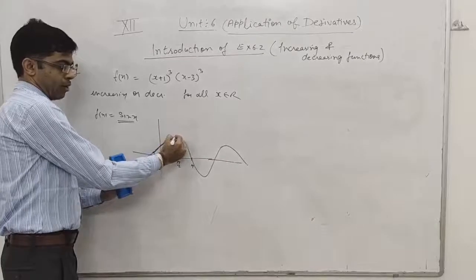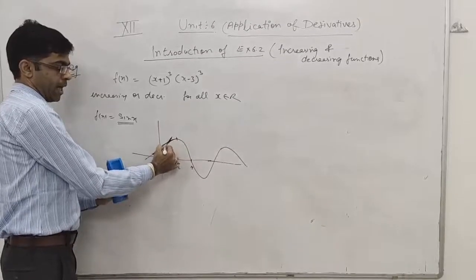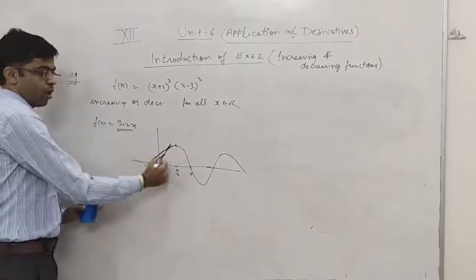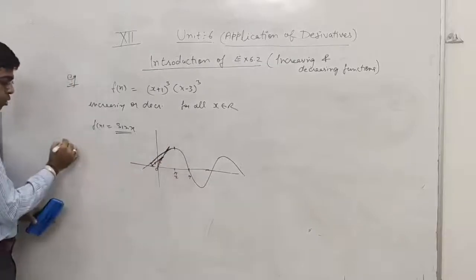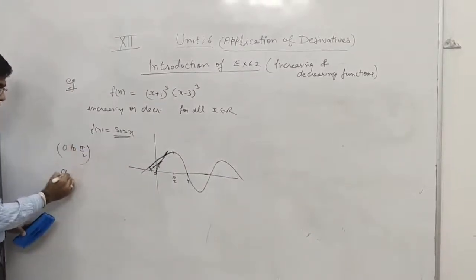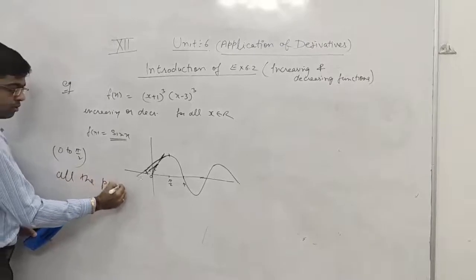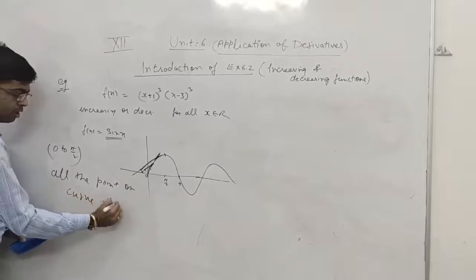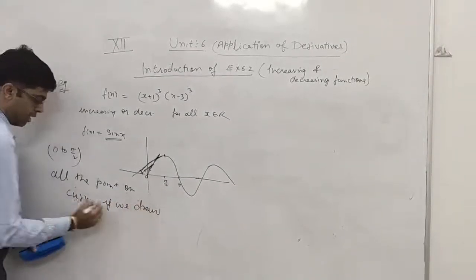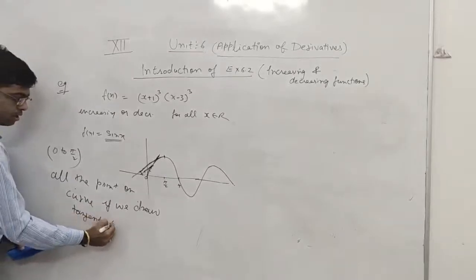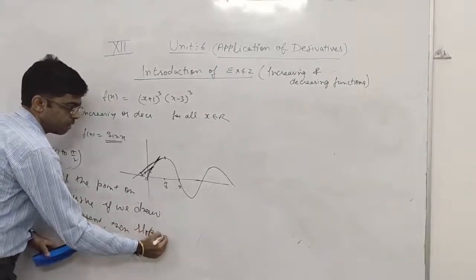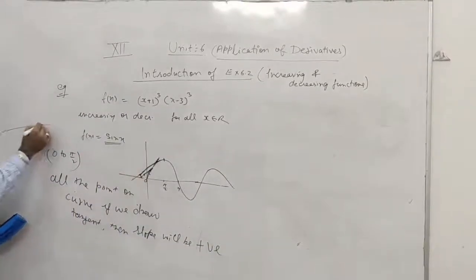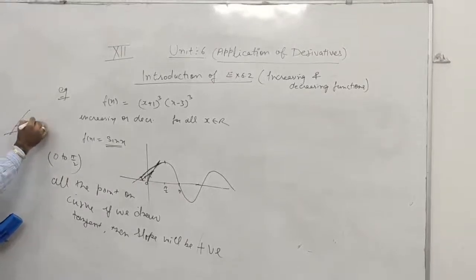From 0 to pi by 2, if I take any point on the curve and draw the tangent, then for all the points on the curve, the slope will be positive. You can see that if the tangent is like this shape, theta is the slope angle, and this will be positive.